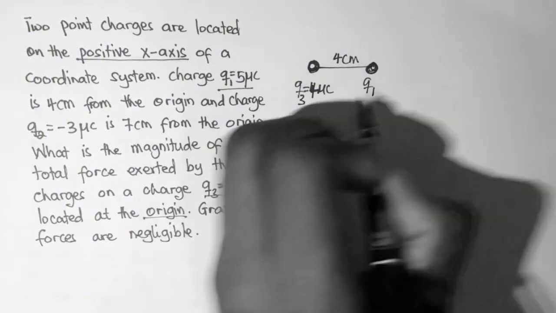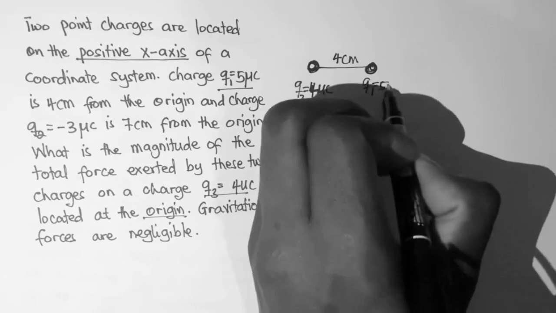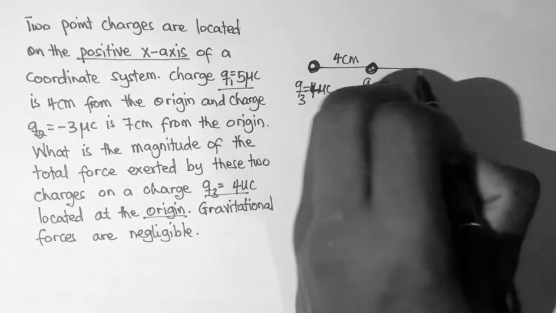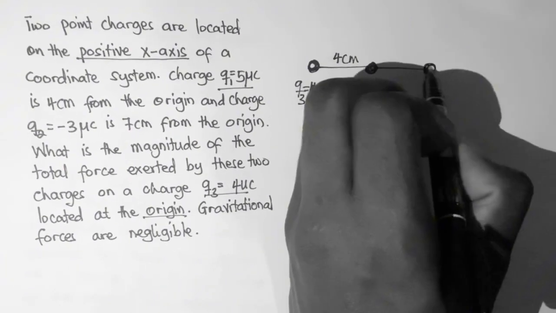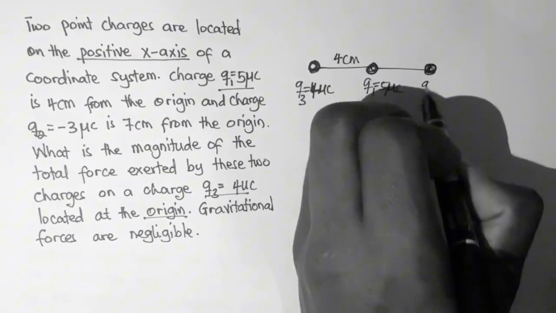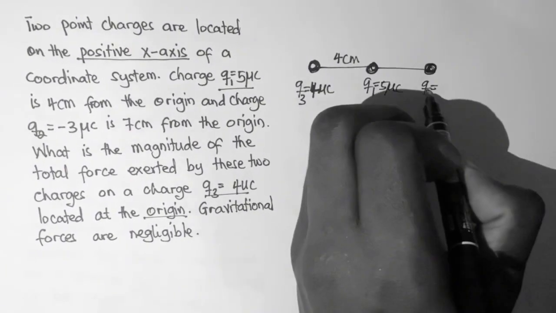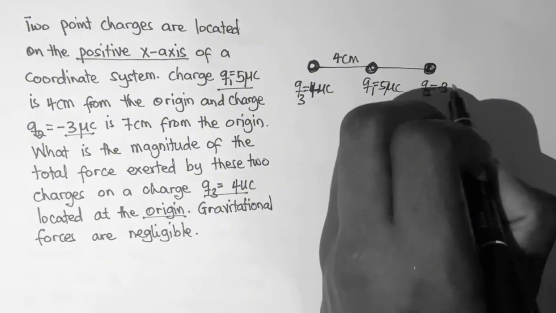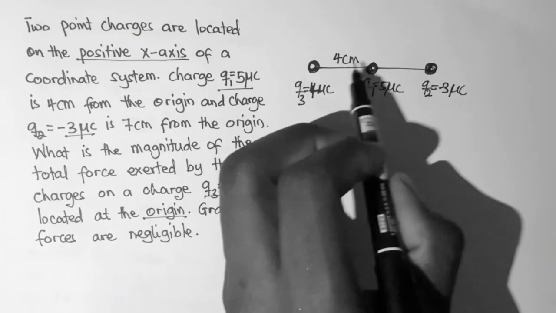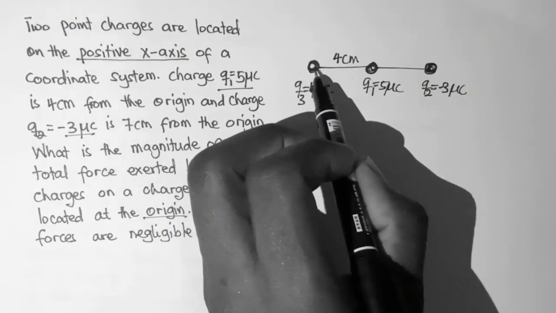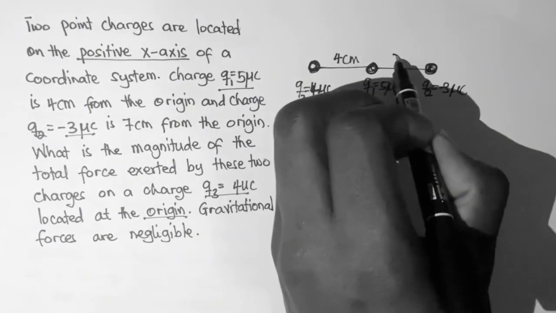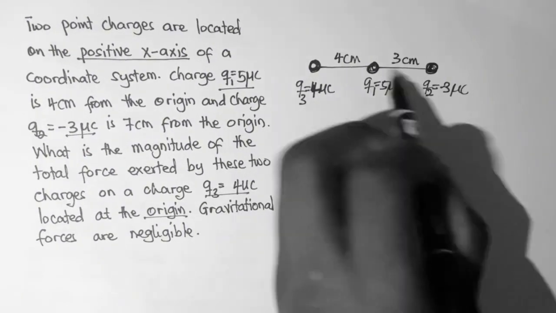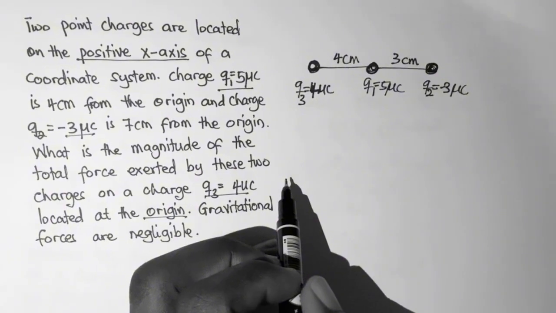Then we have the third charge, which is Q2, and this Q2 is minus 3 microcoulombs. And it is also 7 centimeters from the origin. But since here is 4 centimeters, it means that the distance here is 3 centimeters, so that when you add it, you get 7 centimeters.